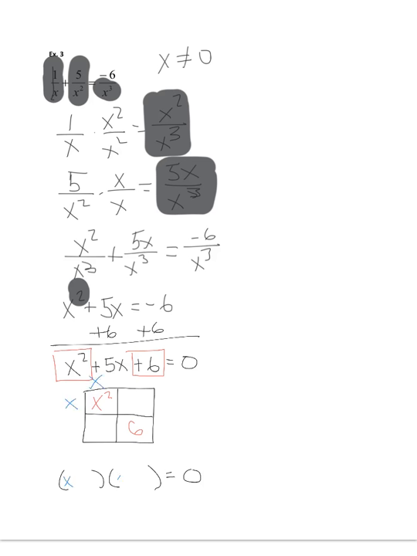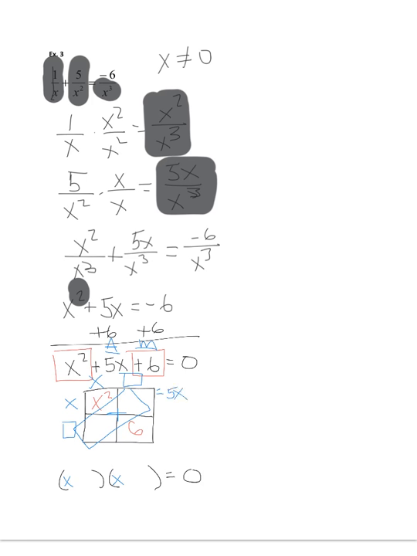And we're halfway there. But we now need to find out what two numbers, this number times this number, multiply to positive 6. But we can't forget that this box plus this box have to add to a positive 5x.